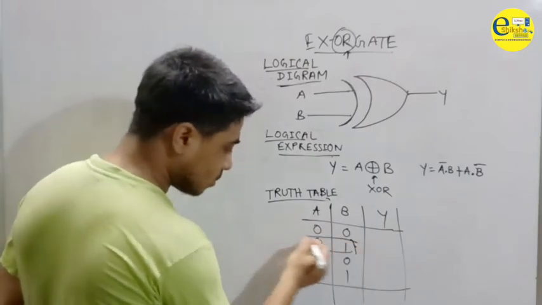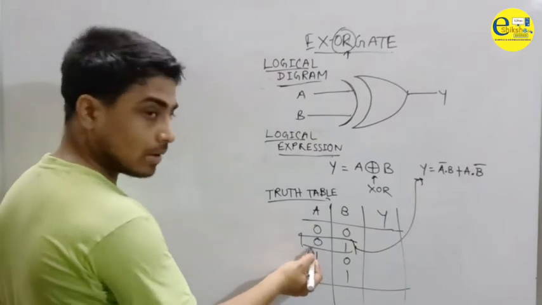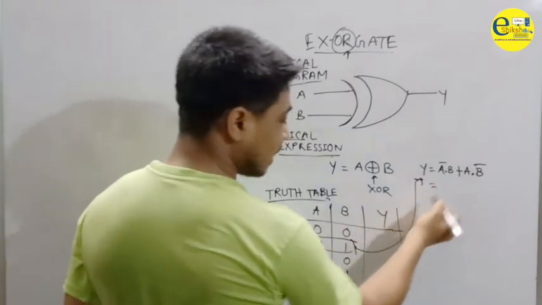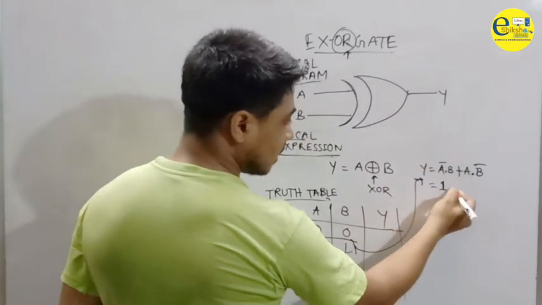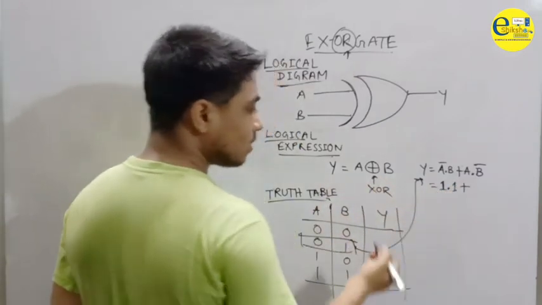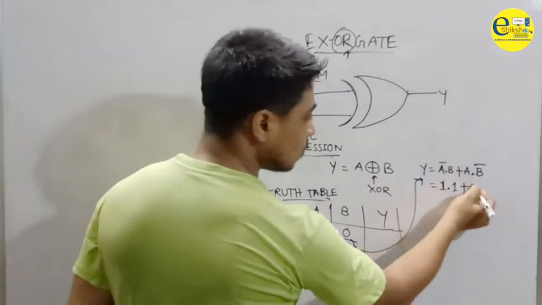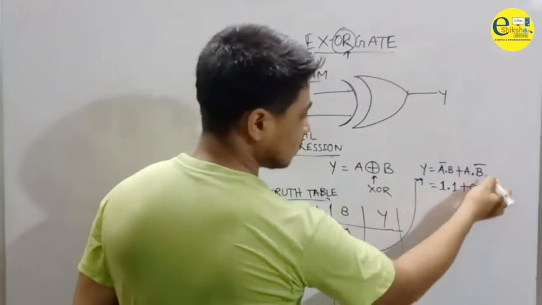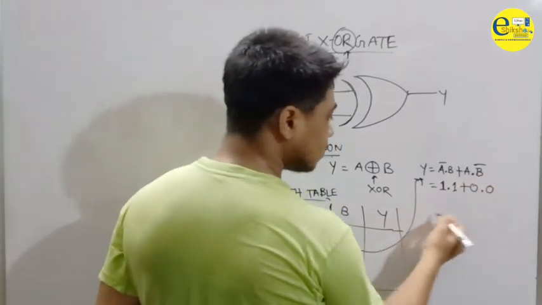If I take this input set, what is the value of A? The value of A is 0, so A bar is 1, and the value of B is 1. So 1 dot 1. Then A is 0, dot B bar; as B is 1, B bar is 0.